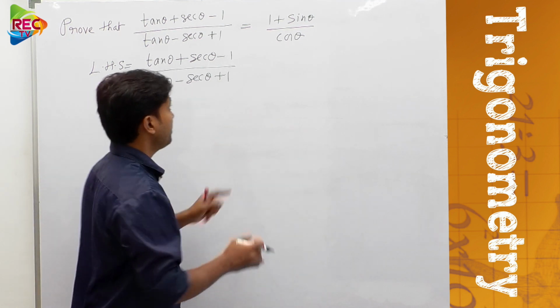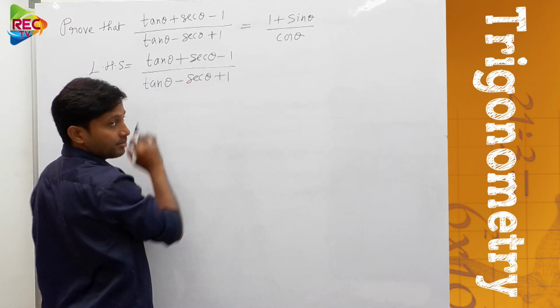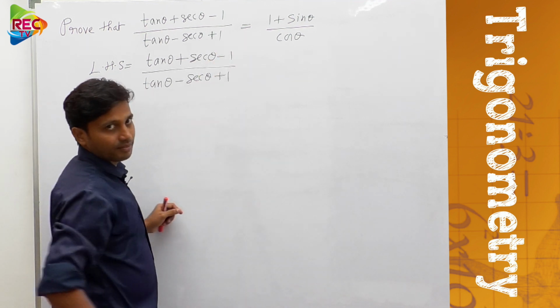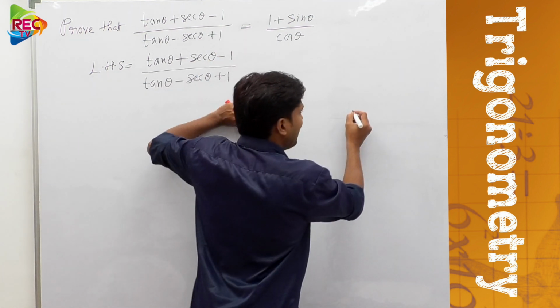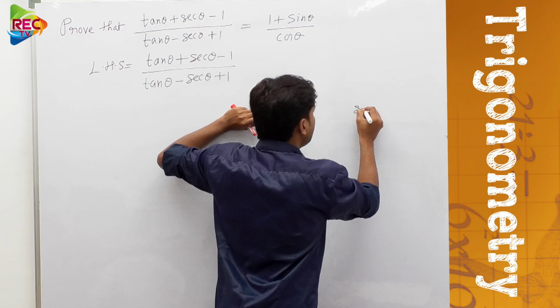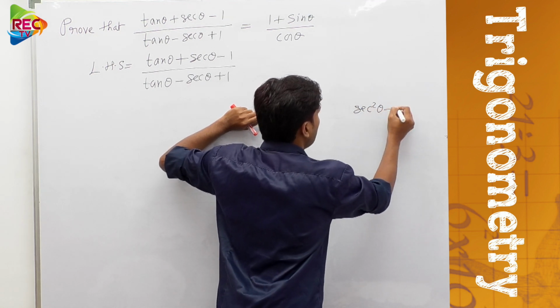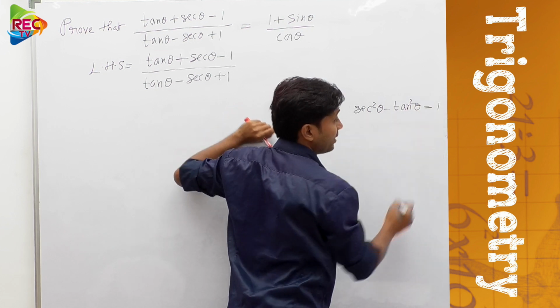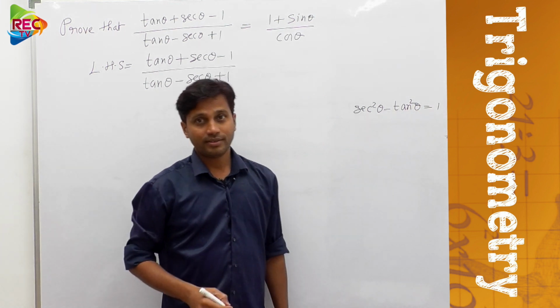I will tell you. Just see here, don't touch all the terms, only consider this one. Now tell me, secant square theta minus tan square theta equal to what? 1. Is it an identity or not?